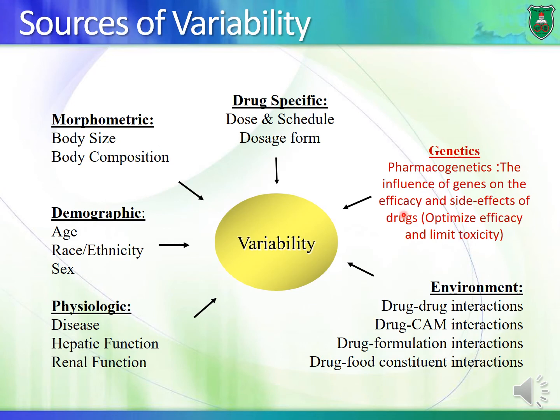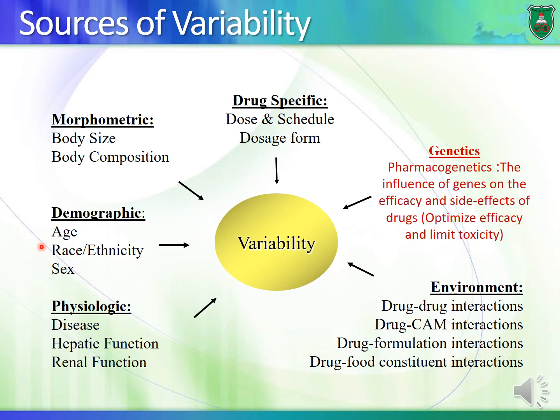So basically there are variations in drug response among people, and it's not only genetics, but it can also be physiologic, that is renal hepatic function, for example. Ethnicity is really important, as well as age and gender. So these days, for any clinical trials, men and women should be recruited.